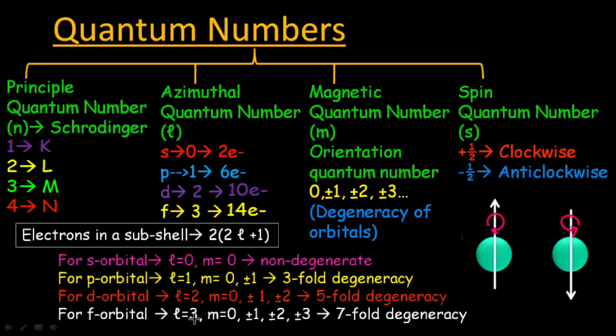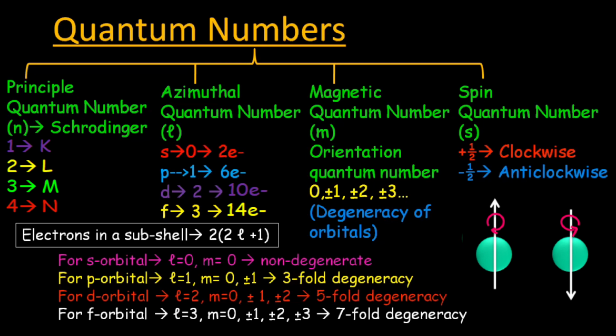For f orbital, the azimuthal quantum number is 3 and magnetic quantum number is 0, plus minus 1, plus minus 2, plus minus 3. 1, 2, 3, 4, 5, 6, 7, showing that f orbital is 7-fold degenerate. This is how magnetic quantum numbers tell us about the degeneracy of orbitals and the spatial orientation of electrons outside the nucleus.